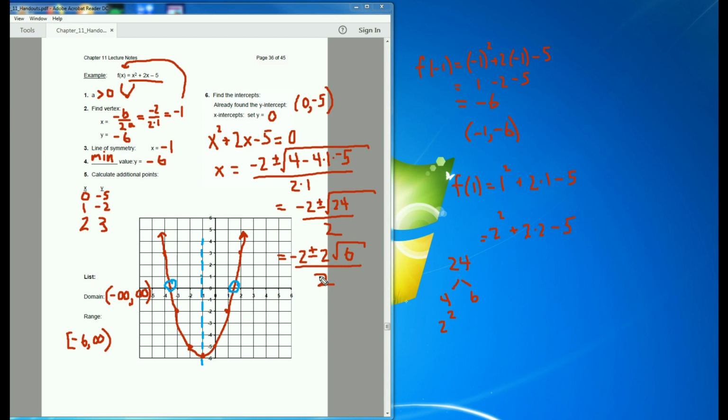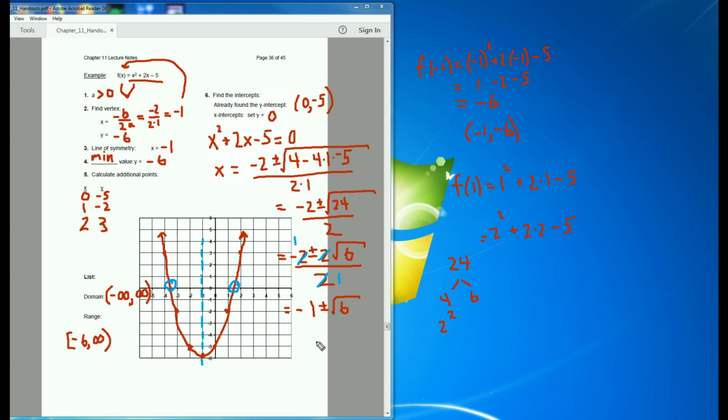Everything is over 2, and I can take a factor of 2 out of both of these. We need to do that to simplify it. So the 2 over the 2 leaves me with a 1, and this 2 over the 2 leaves me with a 1. So we end up with negative 1 plus or minus the square root of 6.